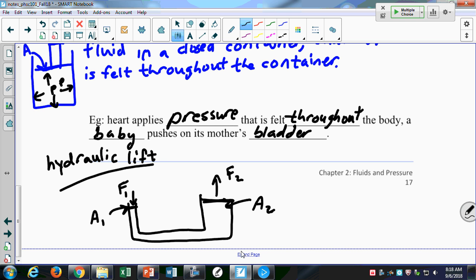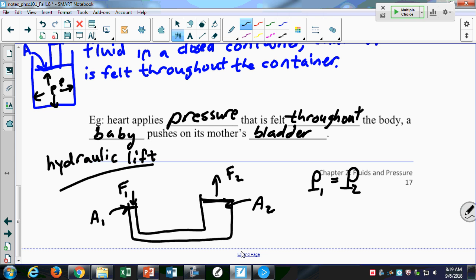I know from Pascal's principle that whatever pressure, P1, I apply with that first force is going to be felt all the way throughout. So if I apply a pressure over here, P1, then I'm going to have that same pressure over here, P2.